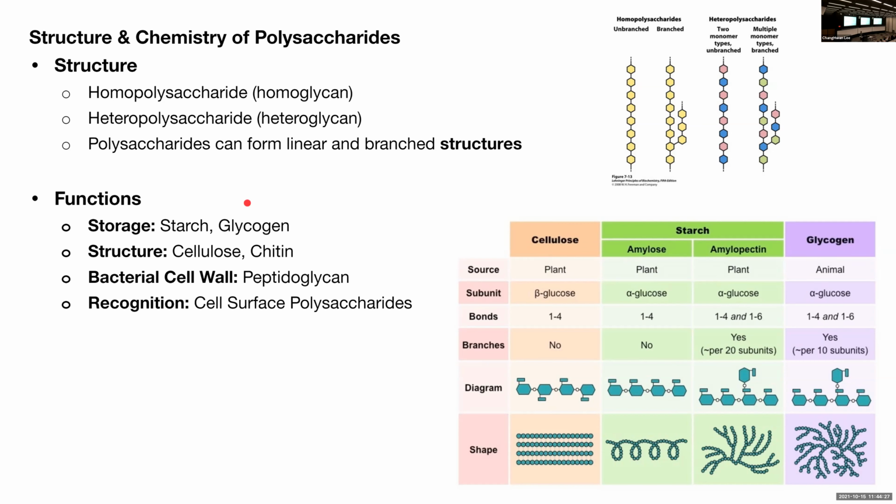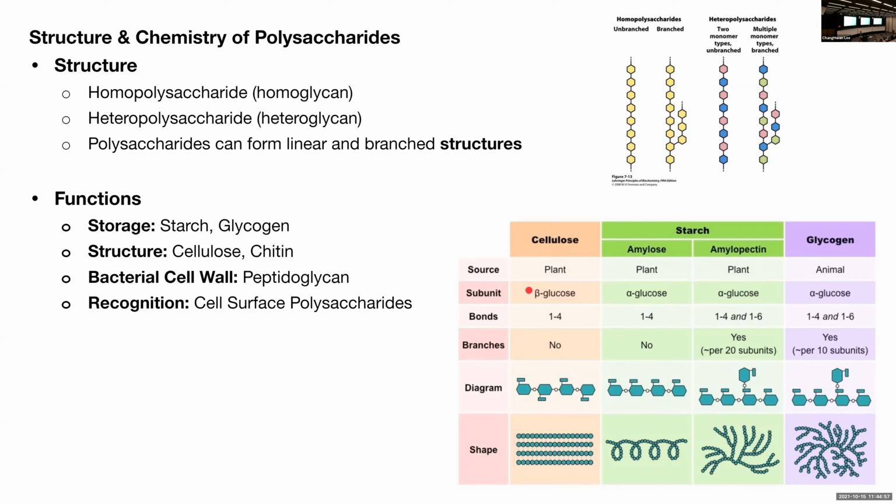And here are some examples of the cellulose, glycogen, as well as the starch that we actually discussed last time. And for the starch, you can find amylose and amylopectin as subunits of them. The cellulose and the starches are found in the plants and basically serve as a storage of your sugars or the energy source.